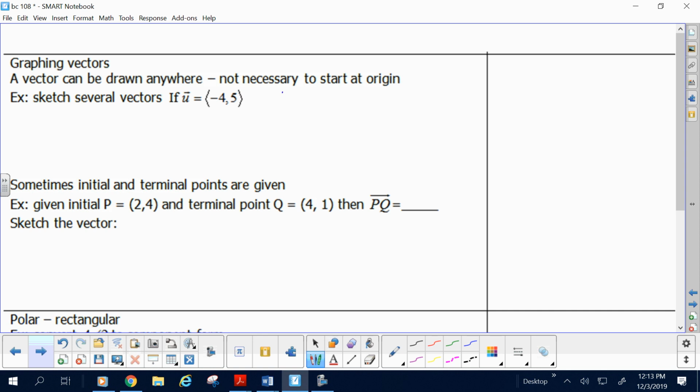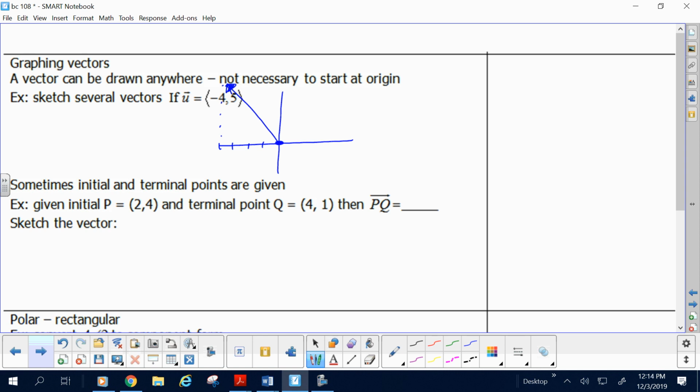So if I wanted to draw vector u, which is left 4 and up 5, I could definitely put my starting point as the origin and go 1, 2, 3, 4, 1, 2, 3, 4, 5. And that is definitely one possible u. But there is absolutely no reason in vectors you're confined to that situation.